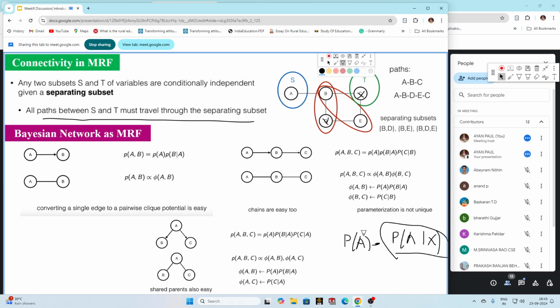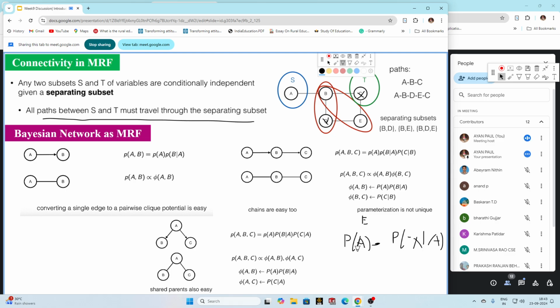Sorry, this is X with respect to A. So this is the evidence, or the prior probability. This is the final thing, the posterior probability.